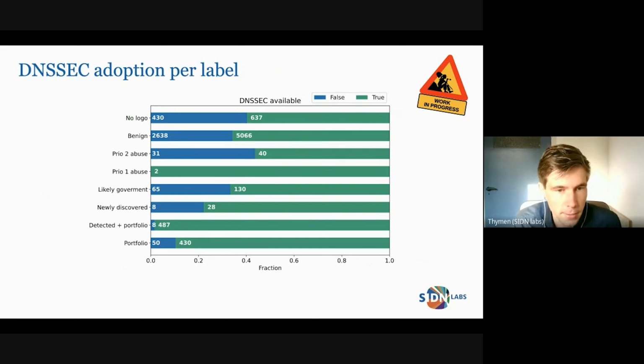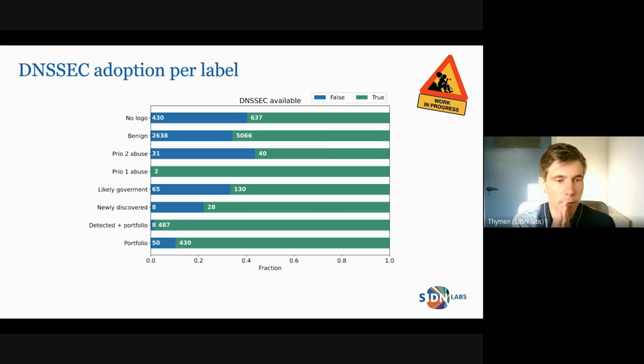So this is a work in progress, but I will give you a slide of why this is important. So what you see here is the percentage of domain names that use DNSSEC. And DNSSEC is a technology that is used to verify the integrity of answers that you get from DNS servers. So you can use DNSSEC to be sure that the answer that you get is a true answer.